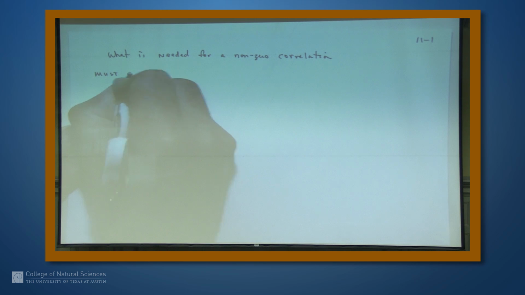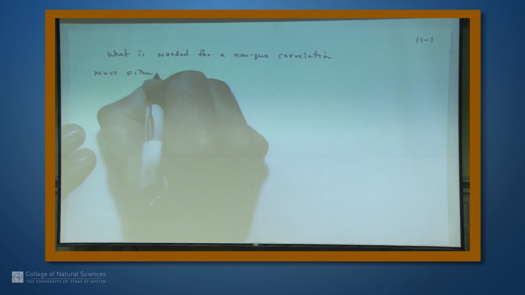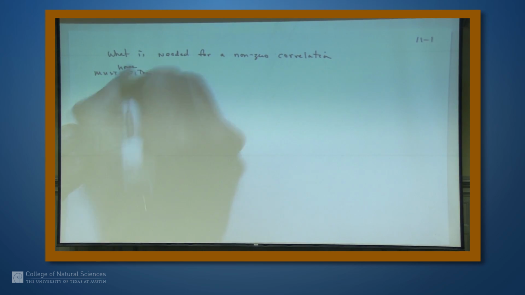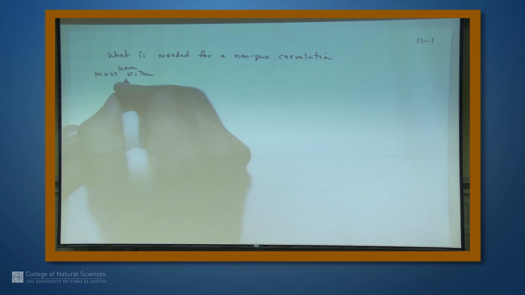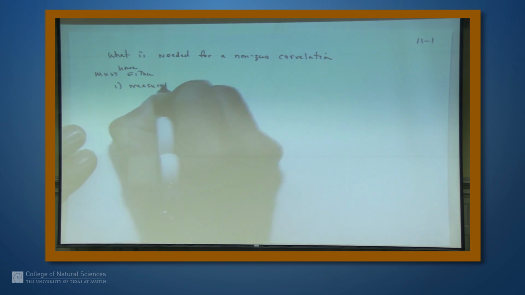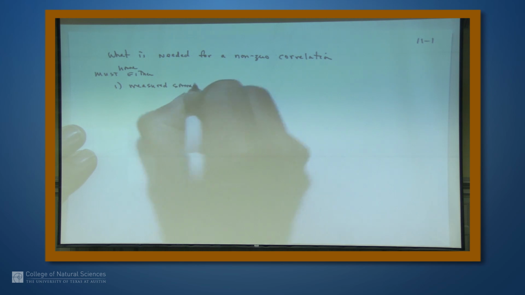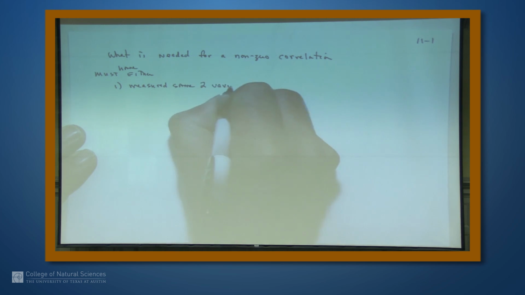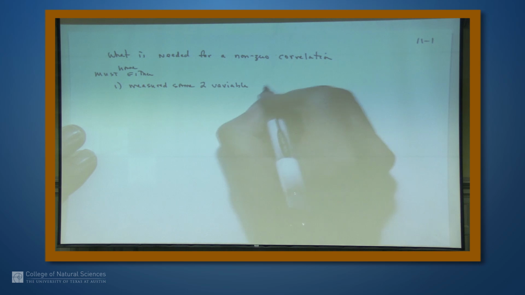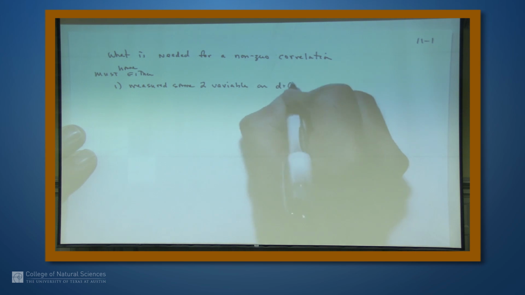You must have either 1, measured the same 2 variables on different individuals.